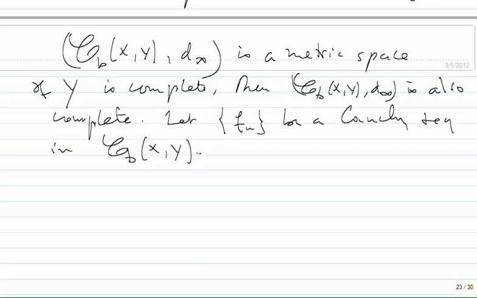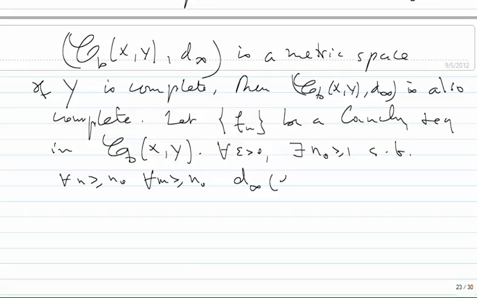First of all, what does that mean? For every epsilon, there exists n0 such that for every n greater than n0 and every m greater than n0, d infinity of f_n and f_m is less than epsilon.